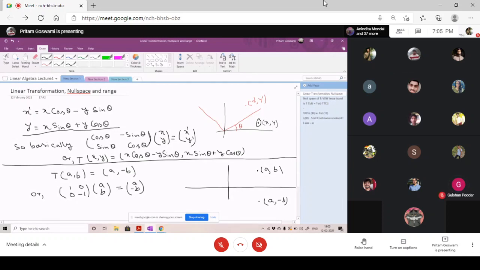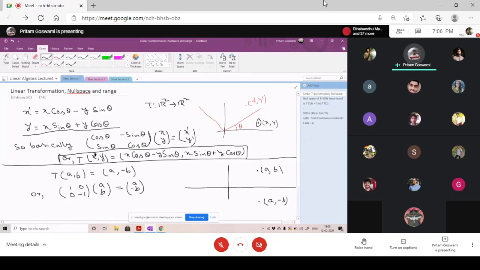So basically here, T of x dash comma y dash is nothing but this one. You can write it also like this, where T is the transformation from R2 to R2, defined as T of x comma y equals x cos theta minus y sin theta comma x sin theta plus y cos theta.